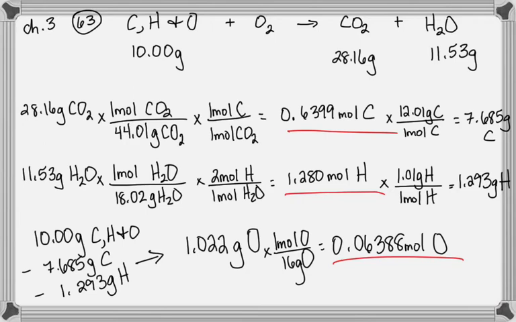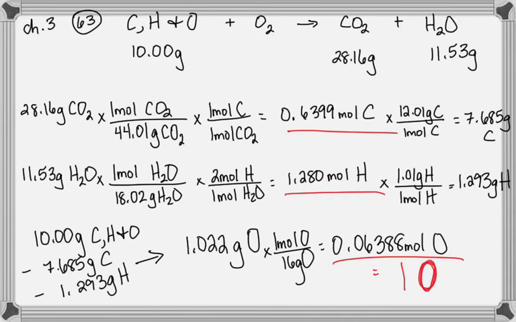The ratio. Yes. You got to divide them all by the smallest number. So obviously the O is the smallest number. So I'm going to take each one of these numbers that I've underlined in red and divide it by 0.06388. Okay? That's going to give me 1 oxygen.